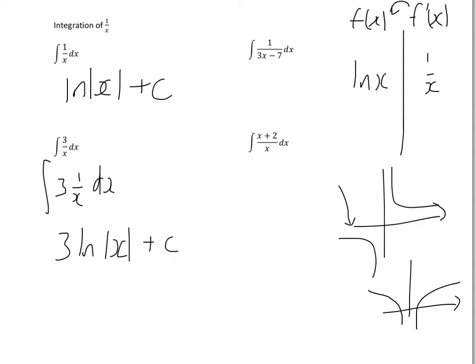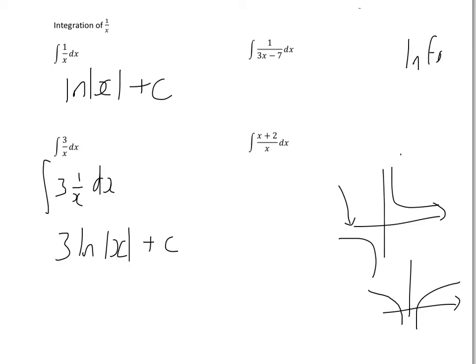The other point that you can make here is, if we have a table, and you'll see this in your table, that if you've got natural log of f of x, I told you that would differentiate to f dash of x over f of x.